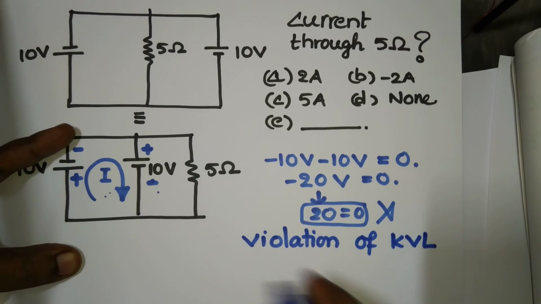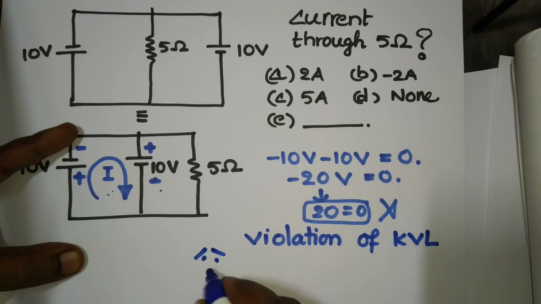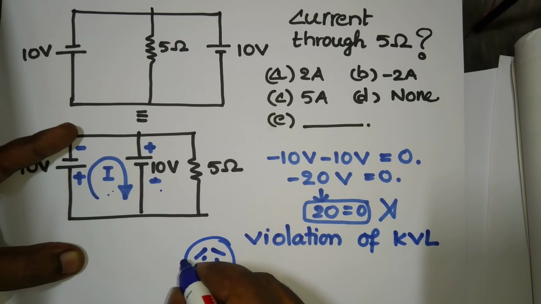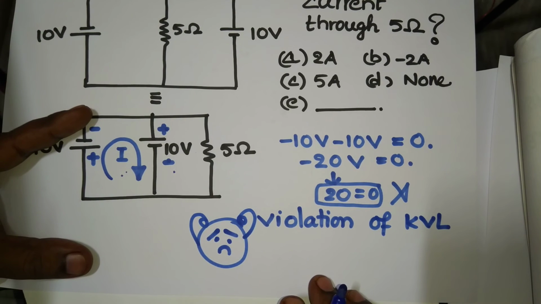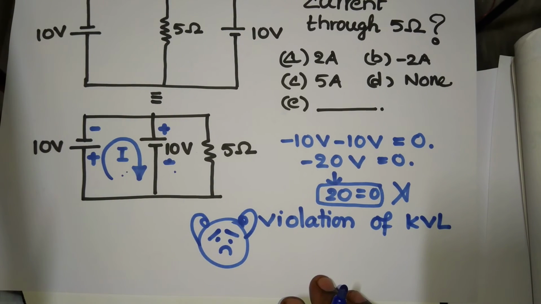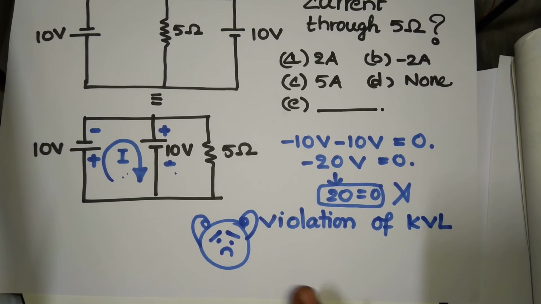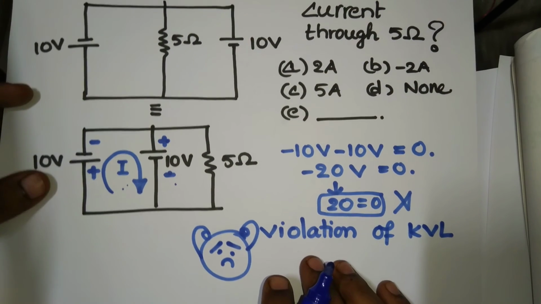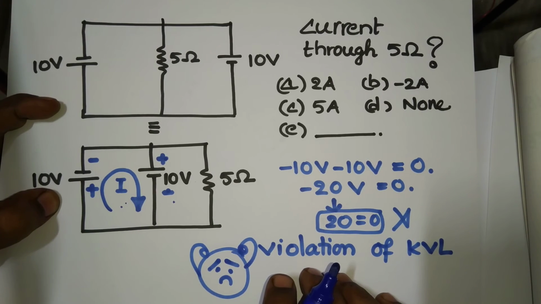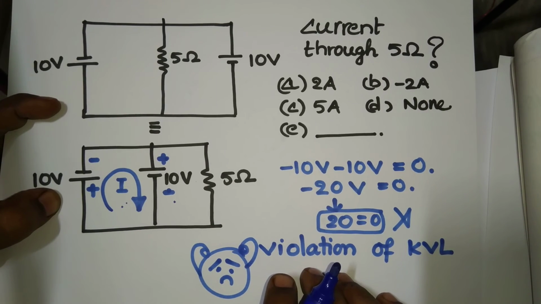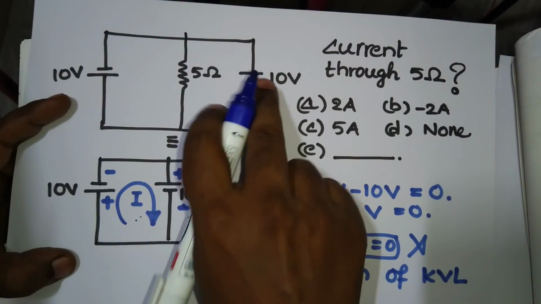Violation of KVL. Now really, what is this? This is really horrible, right? Now I have to scratch my head using both hands. Just now we understood that across a passive component, no two different sources can act. That means the same stuff must act across a passive component, and we have the same stuff.